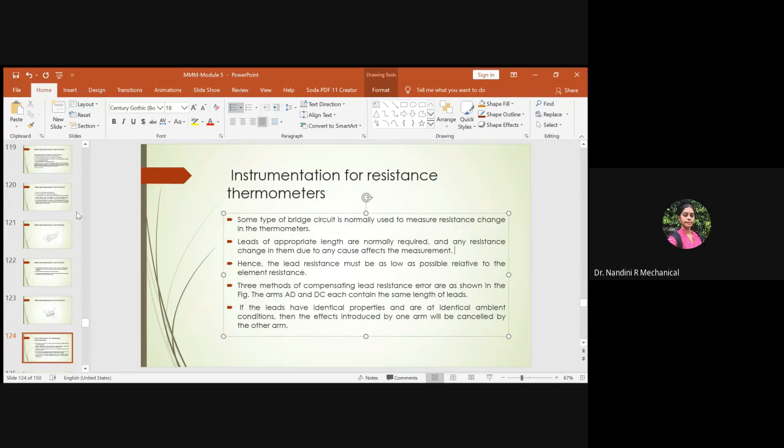And hence the lead resistance must be as low as possible relative to the element resistance. If the resistance of the lead wire is more than the resistance of the element you are selecting, then it is of no use, because it will not allow the flow of electricity to pass through. Then you won't get the actual variation in the resistance that you have to measure in the resistance element.